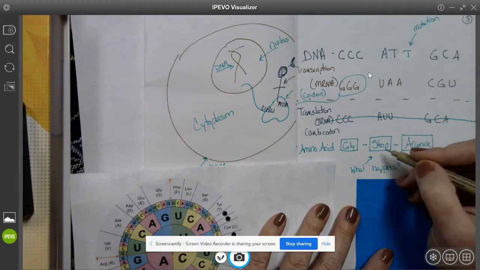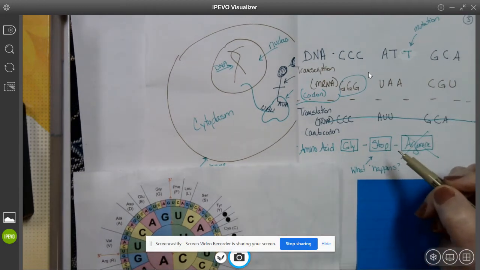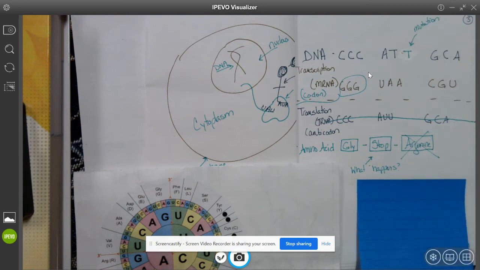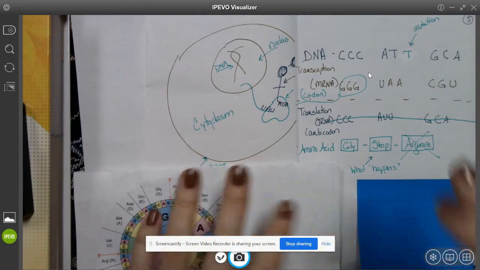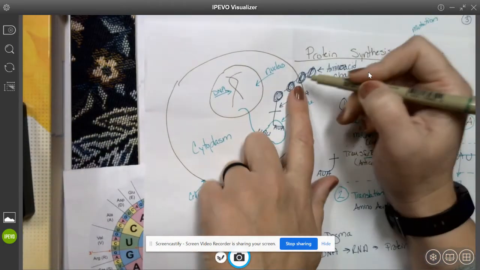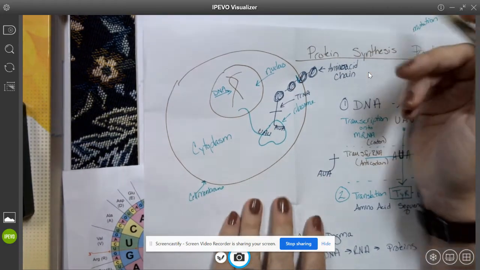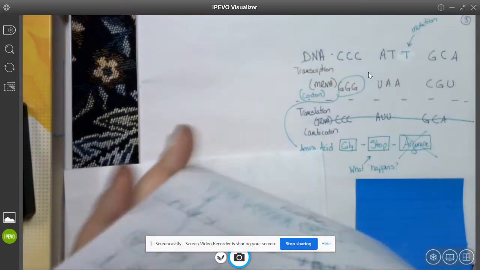So what does this mean? First of all, the stop codon means we're going to stop going through the process of protein synthesis, and this amino acid chain is going to break off and be shorter than it's supposed to be. This is called what?